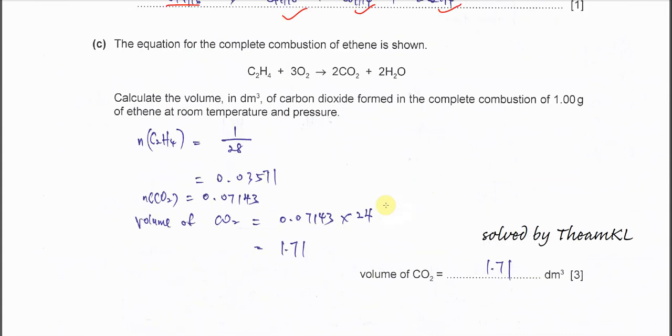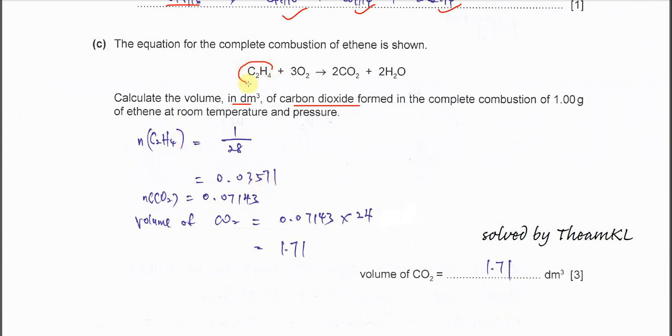Part C. The equation shows the combustion of ethene to form CO2 and H2O. Calculate the volume in dm cube of CO2 formed when 1 gram of ethene burns. Okay, so first you need to find the mole of ethene. 1 over its molar mass, you get 0.03571.